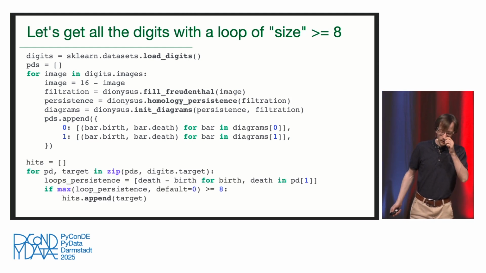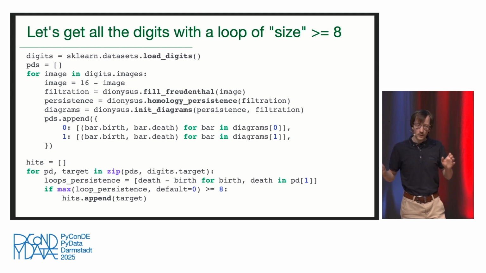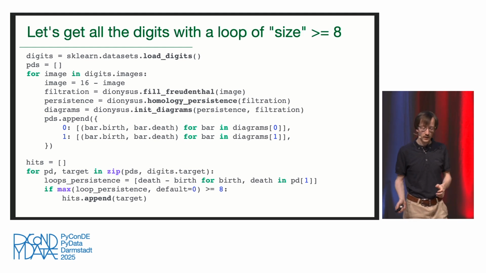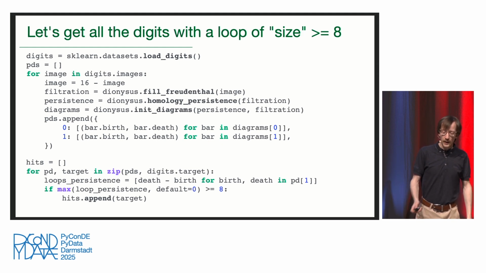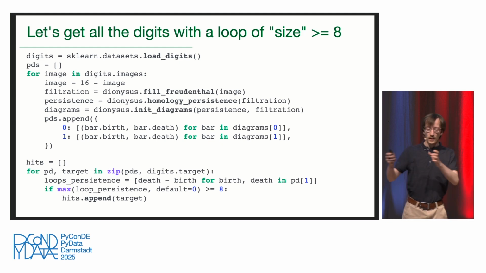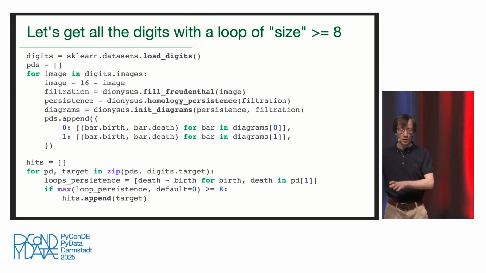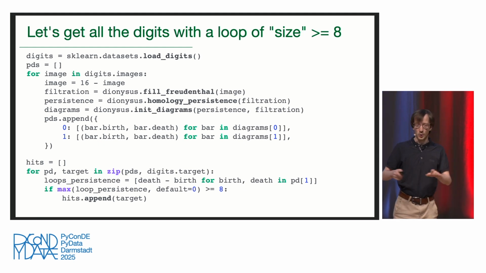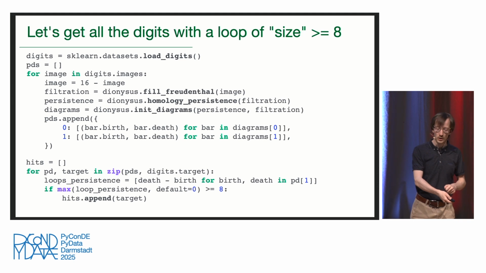And now I count those that have a large loop, right? So I create an empty hits list. I go through the diagrams and the targets, so digits.target is what says what the image actually should be, right? These are the labels of the images.